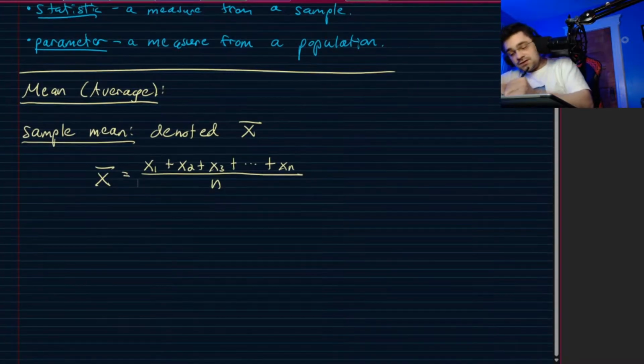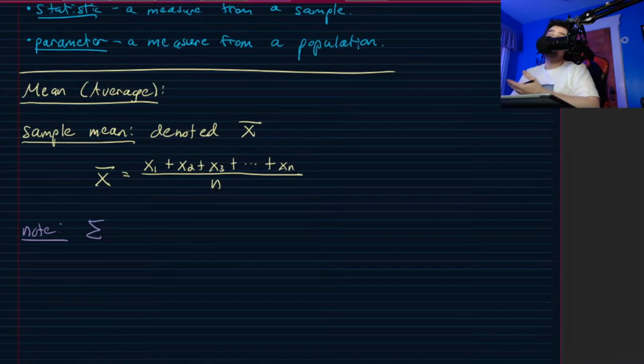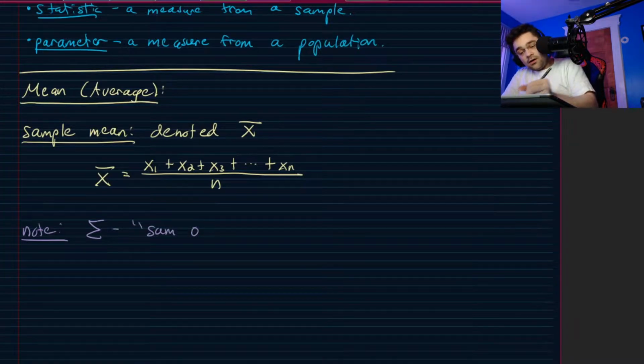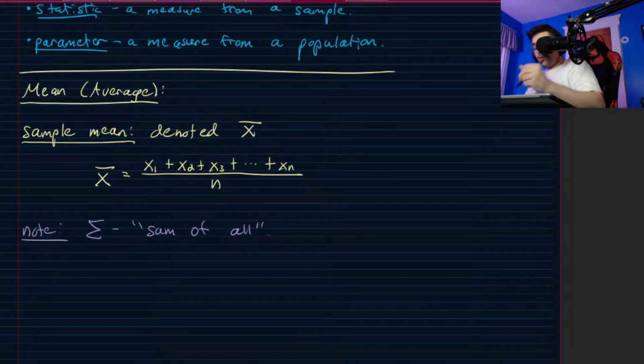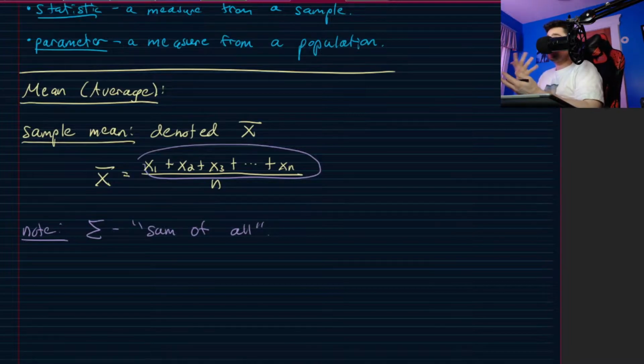Very often we'll see this symbol right here. It's a capital sigma. And this stands for sum of all. And we're going to be doing some really big sums in this class over and over and over again, all the time.